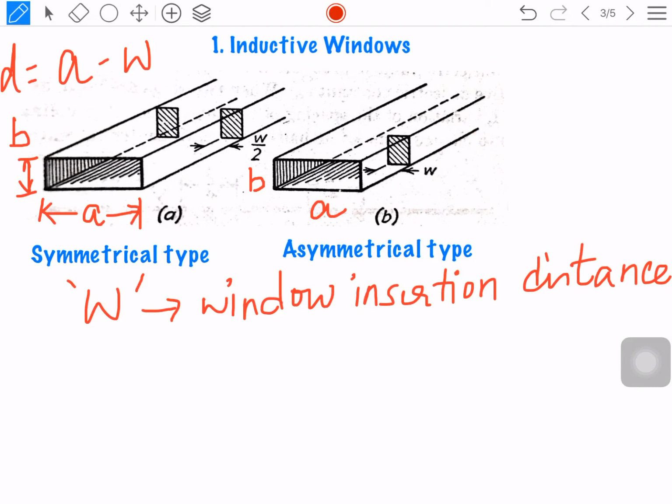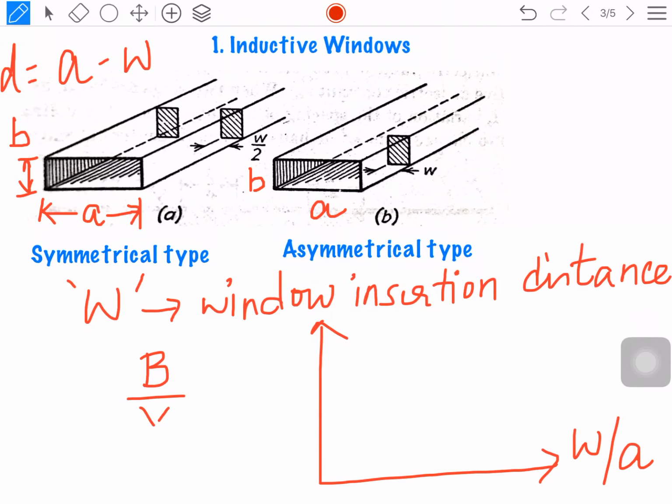Now I have said that normalized susceptance is a function of window insertion. Now let's plot a graph. On the x-axis I am taking W by A. On the y-axis I am taking B by Y naught, multiplied by A by lambda G. Y naught is the reciprocal of the waveguide characteristic impedance.